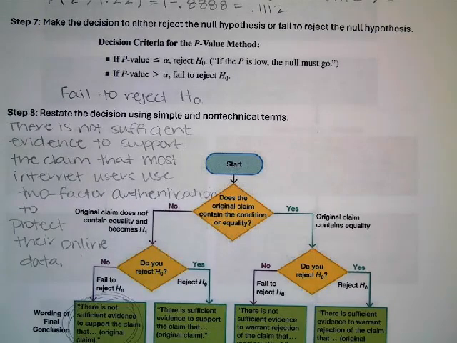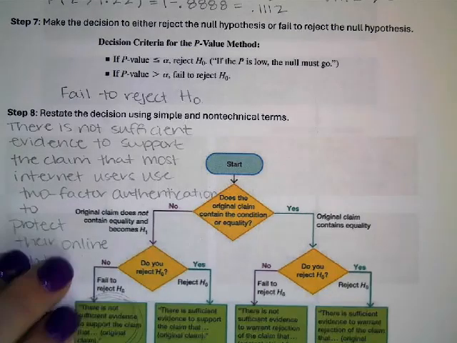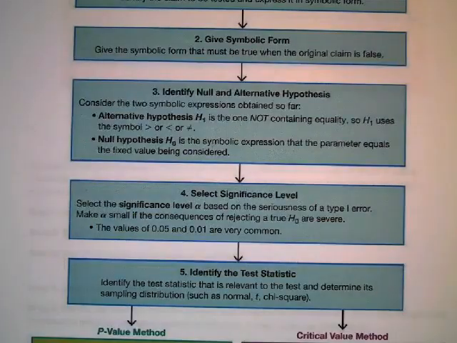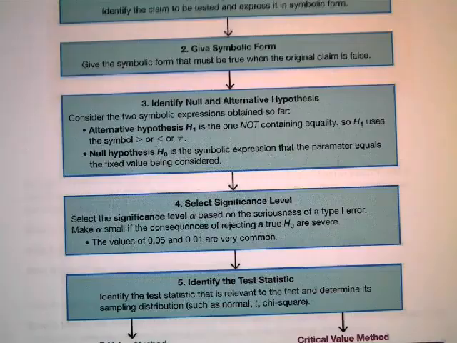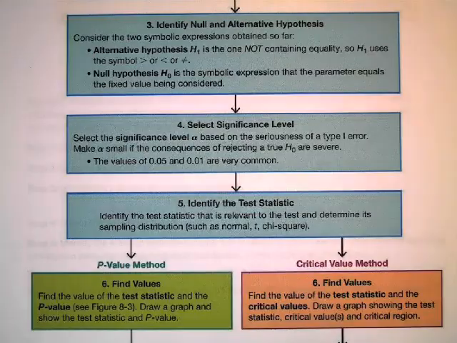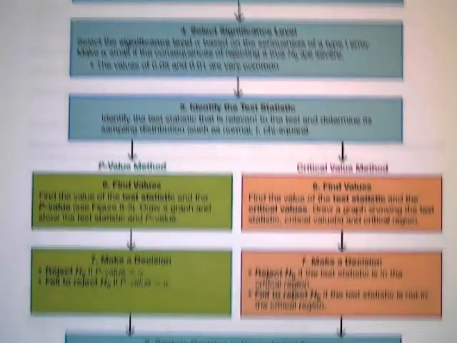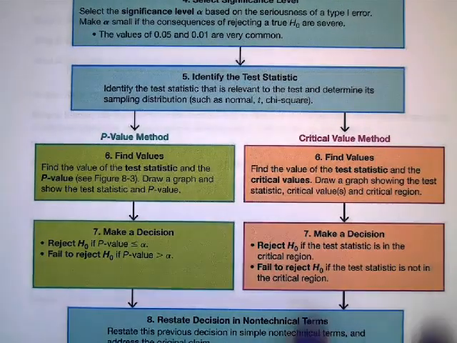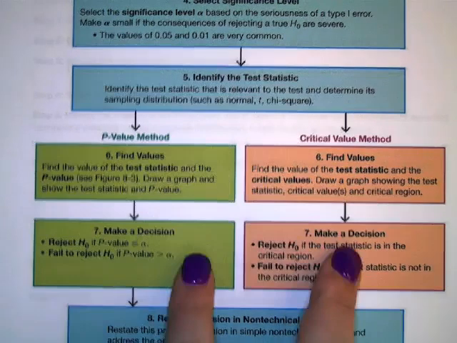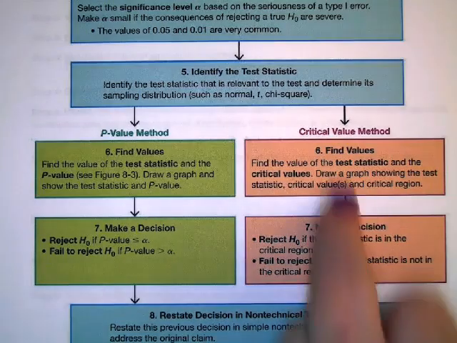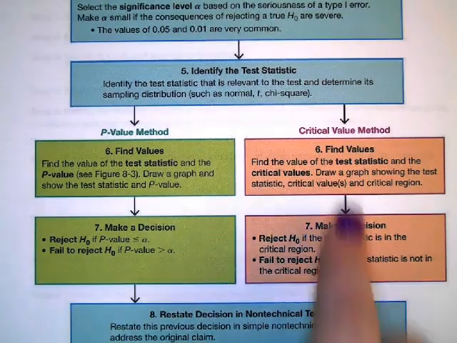All right, so here is a diagram that just describes all the steps for you. Identify the claim, give the symbolic form, null and alternative hypotheses, significance level, test statistic. Now, there are two different methods that you can use, because you might have noticed that when we found the z-score, we could already make a conclusion. So we use the z-score to make our decision. Here, instead of drawing the picture of the z-score in the rejection region, we use the z-score to help us find the p-value.